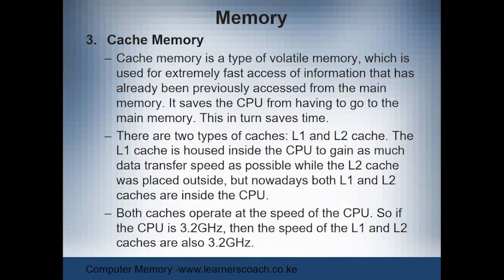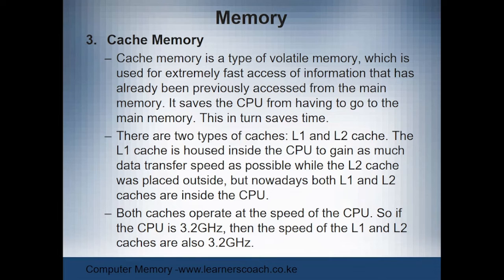Typically, most computers have up to level 2 cache memory. Cache level 1 memory is normally situated within the processor itself. Then level 2 and level 3 are situated outside the processor itself, but they help improve the speed of the CPU. So the more the cache memory, the faster the transfer rate of the instructions, right?